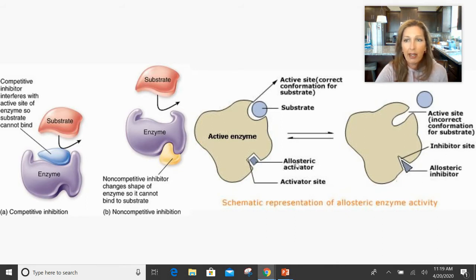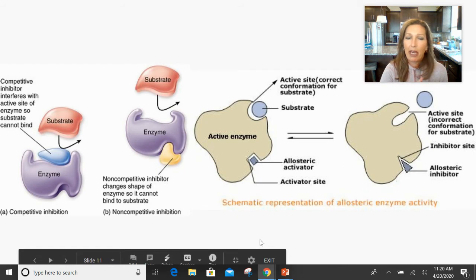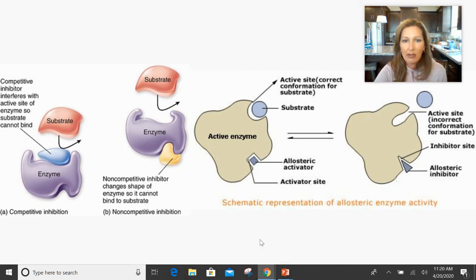Remember that in feedback pathways, oftentimes an end product can act as an allosteric inhibitor in order to stop the process. And we also have some other allosteric inhibitors or activators to control enzyme action too. Because remember, for every biochemical pathway, there is an enzyme that is catalyzing each individual step.